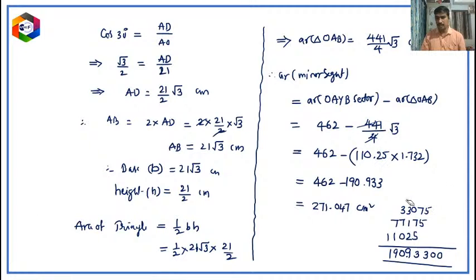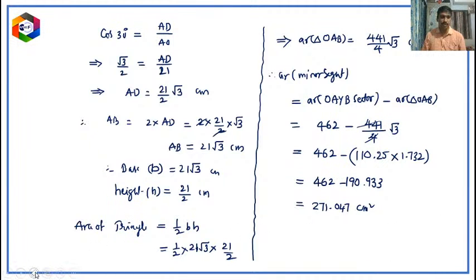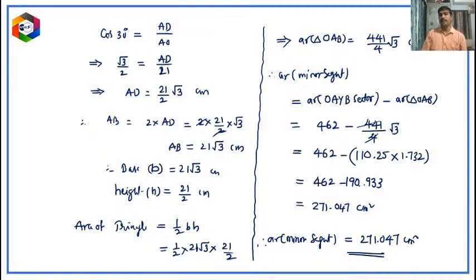So finally, the area of the minor segment is equal to 462 minus 190.953, which is 271.047 square centimeters.